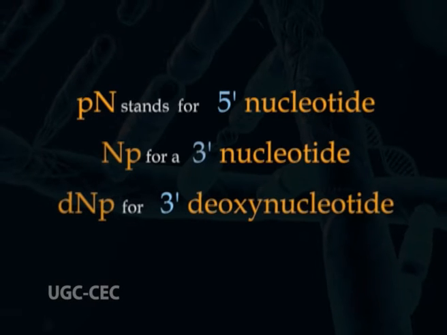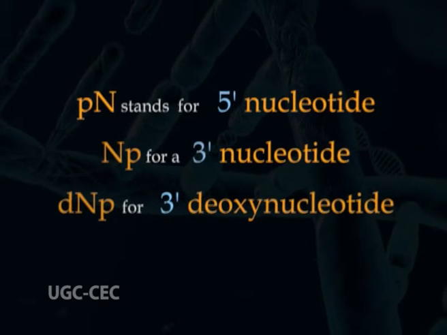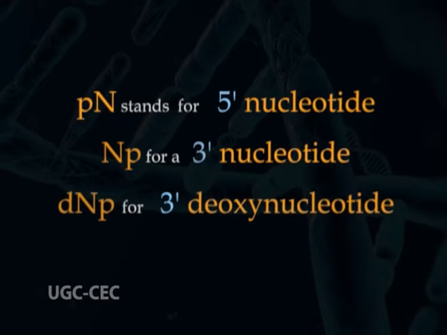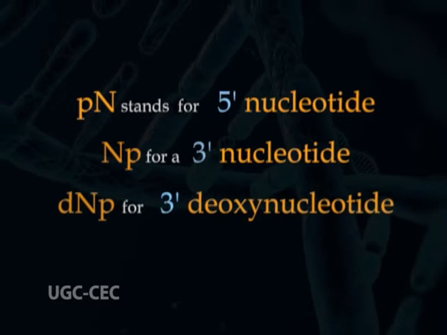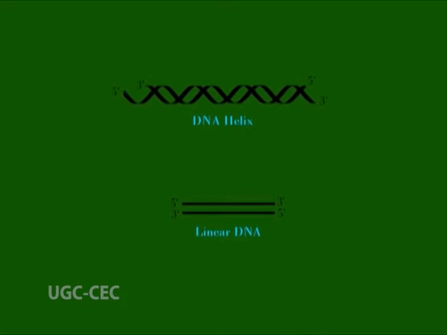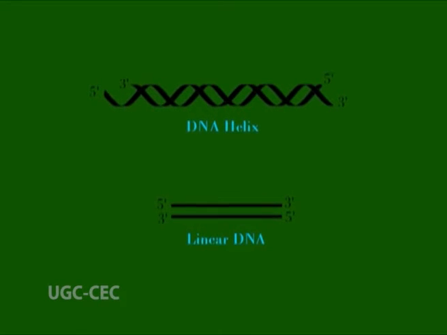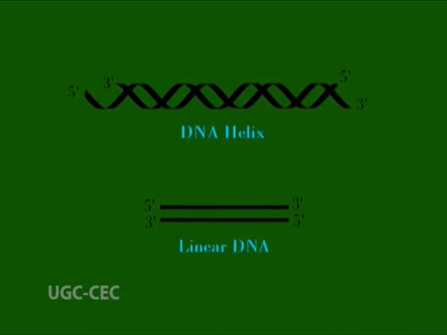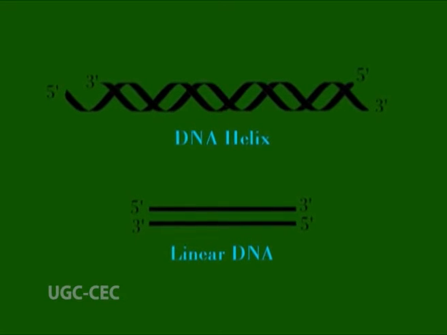In the most abbreviated nomenclature, pN stands for 5' nucleotide, Np for a 3' nucleotide, and dNp for 3' deoxynucleotide. This notation is based on the convention that an oligonucleotide chain is drawn horizontally with its 5' hydroxyl group at the left and its 3' hydroxyl group at the right hand end.